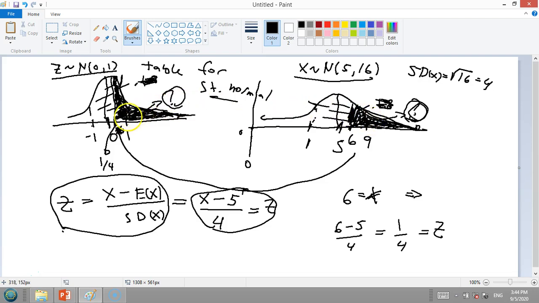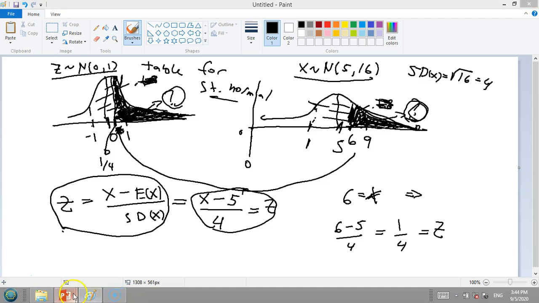Okay, so all I do is now just find a table to get me the area to the right of the 0.25. So you can just Google a table, or I provided a table again in the lecture itself, in the PowerPoints. So let's look at what the table says, and let's try to figure out the table.